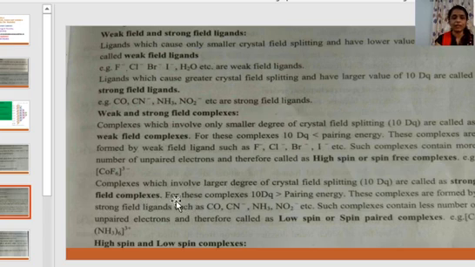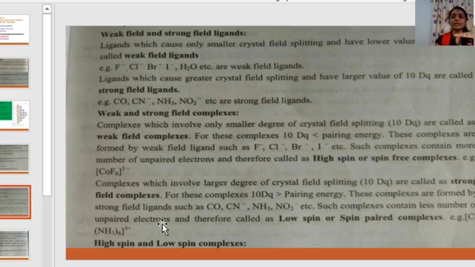We are studying here the octahedral complexes. So for these complexes, the 10 Dq is greater than pairing energy. These strong field complexes are formed by the strong field ligands CO, CN, NH3, NO2, etc. Such complexes contain fewer unpaired electrons.